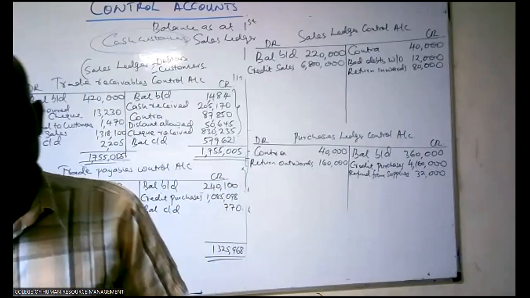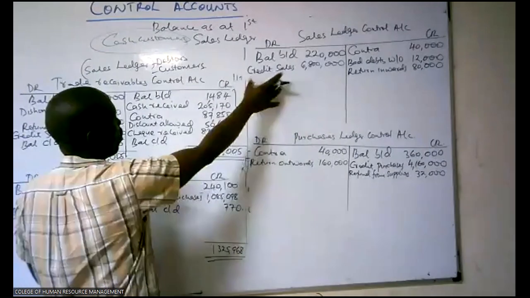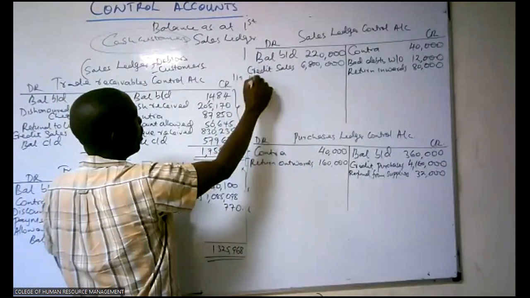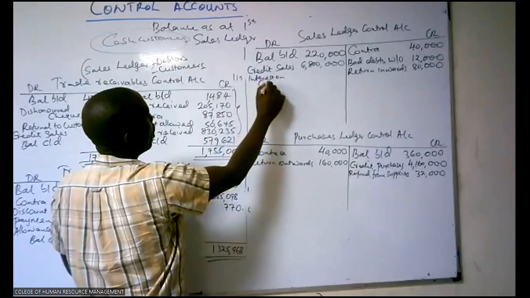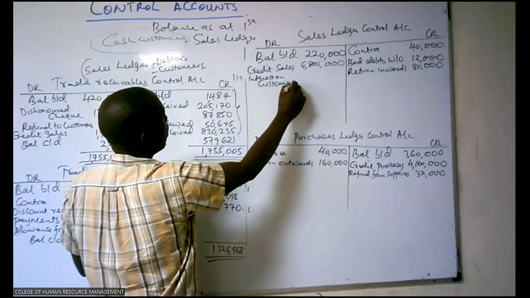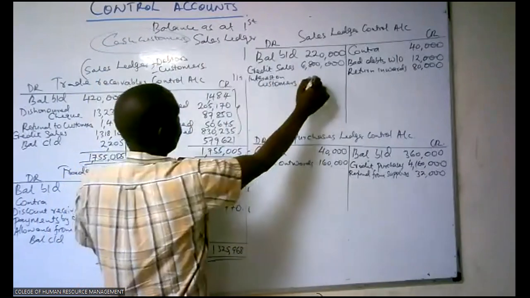Interest on overdue customers' debts. It comes here. This is the interest on customers' debts, 200.